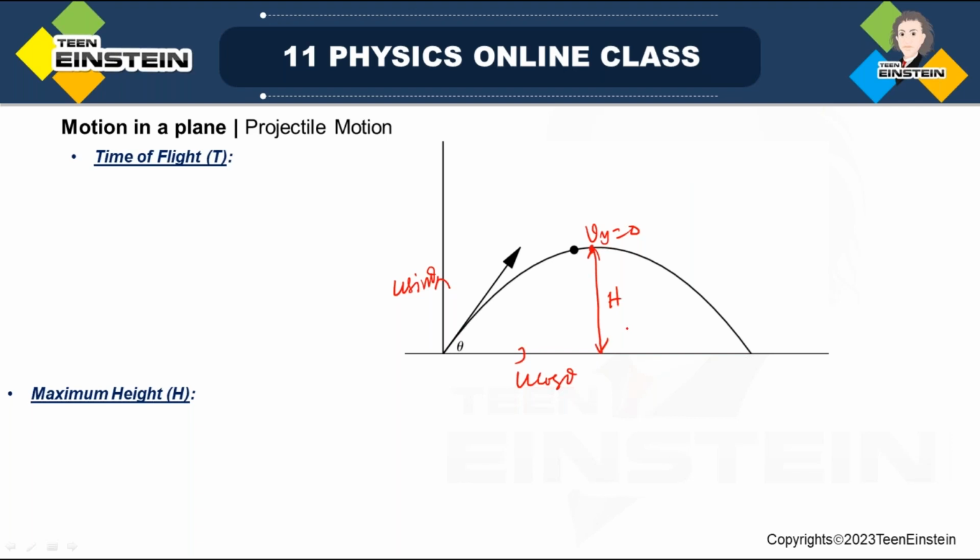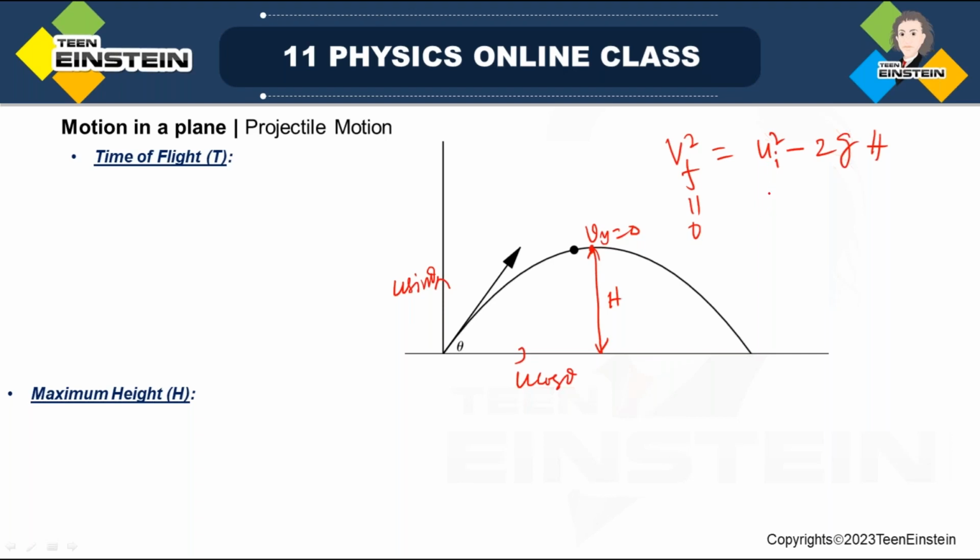So using the third equation of kinematics, v square equals u square minus 2gh, where v is the final velocity and u is the initial velocity. The final velocity at the maximum point is 0, and the initial velocity is u sine theta.